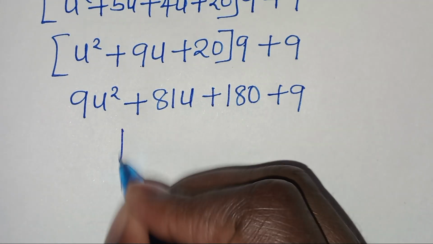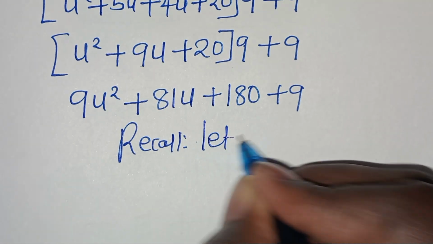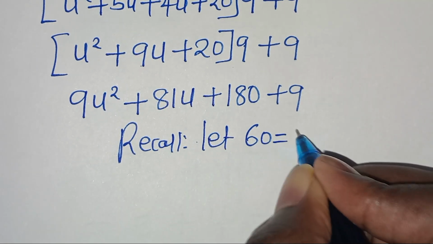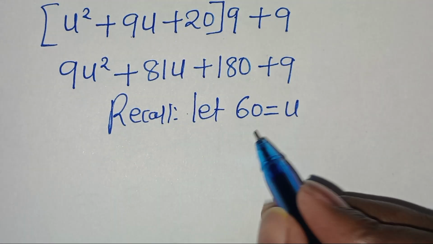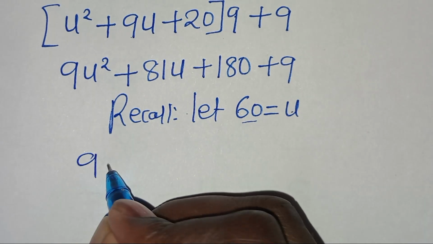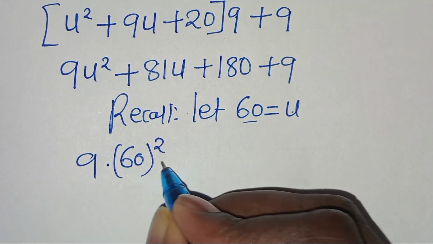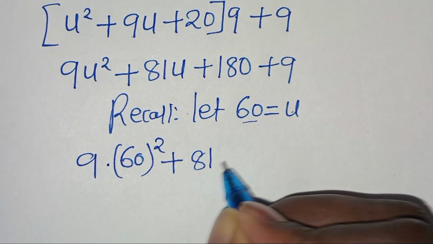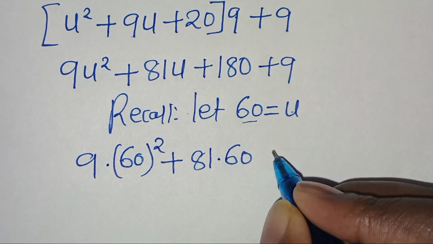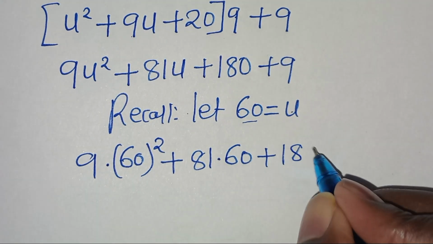Now, if you recall, we said let 60 be equal to u. So let's substitute u with 60, so that we have 9 multiplying by 60 raised to the power of 2, then plus 81 times 60, then plus 180 plus 9, this is 189.